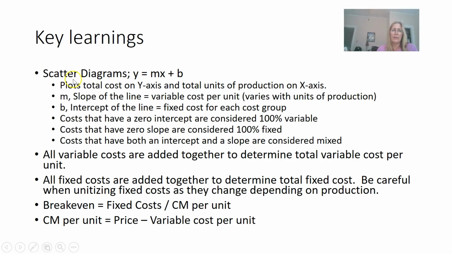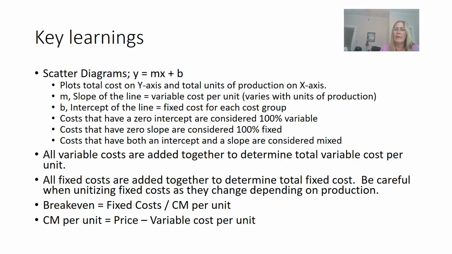Obviously, we're using the formula for a straight line, which is what we're going to use. This is your intercept, b, hitting the y-axis, and that indicates the component that would be your fixed cost. So if you're looking at data and you calculate the intercept and it's 0, that means that cost does not have any fixed component to it. It's 100% variable.